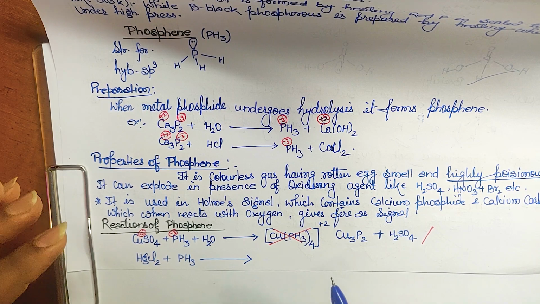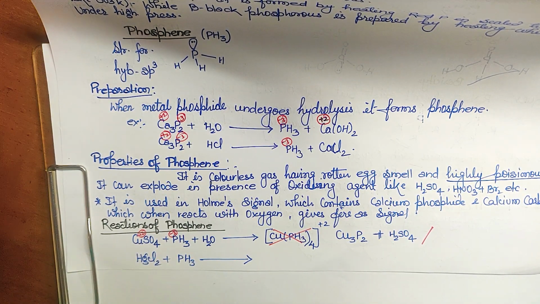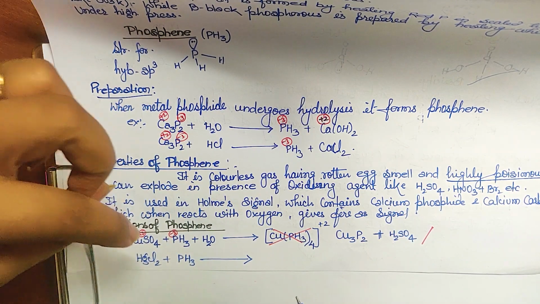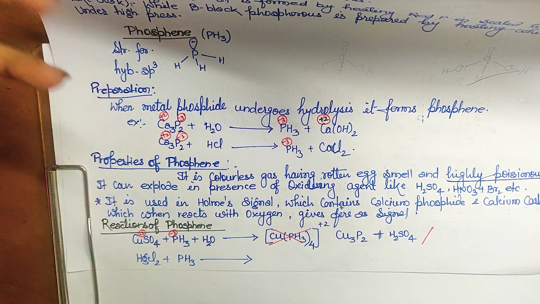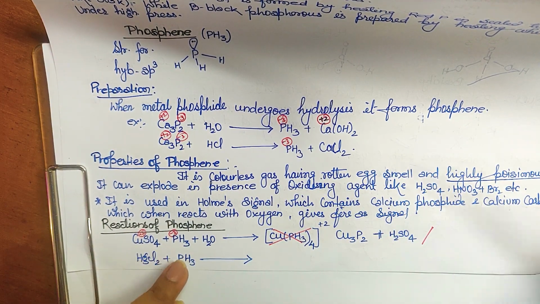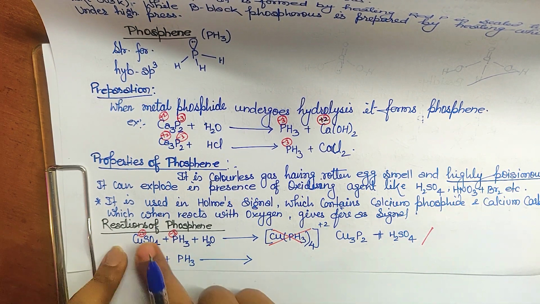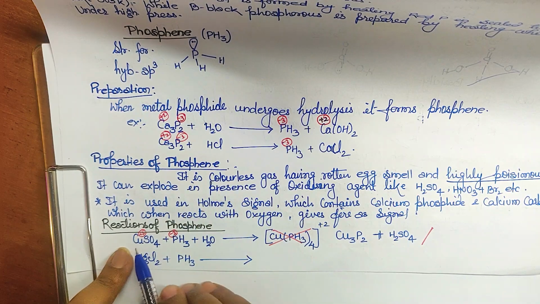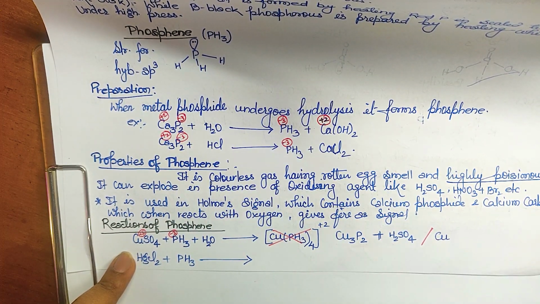So there is a chance of an oxidation-reduction reaction, even though water is there, because both can form oxidized and reduced products. If phosphine is -3, it has to be oxidized and copper has to be reduced. Copper, if reduced, will show only the 0 state, so we can make copper 0.